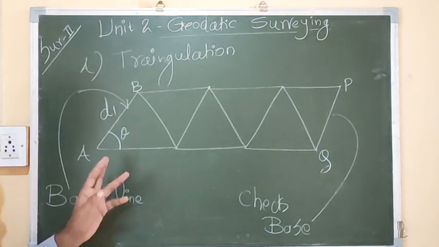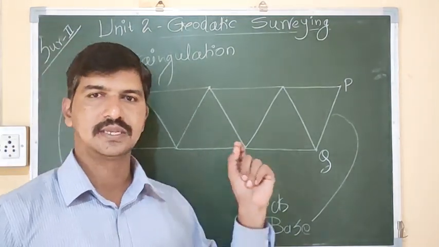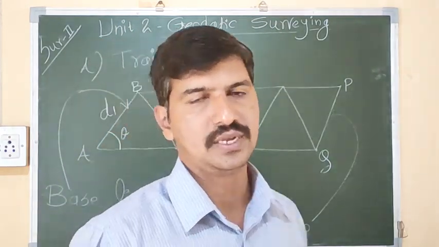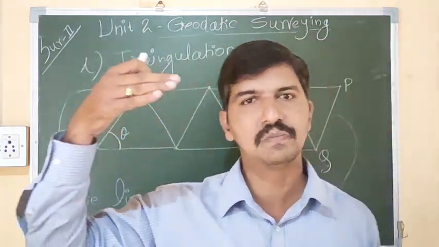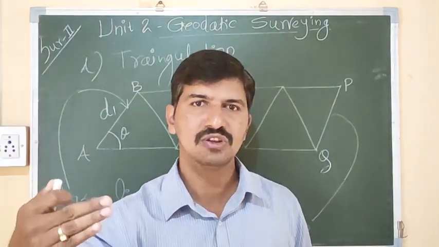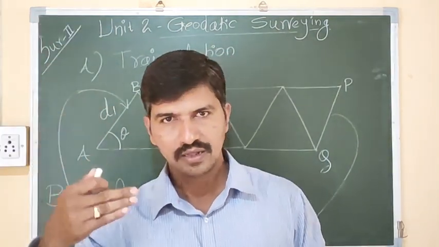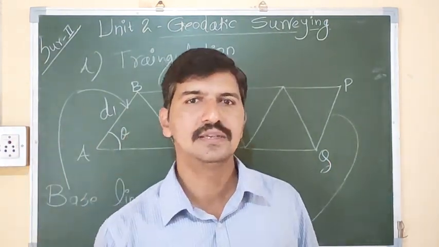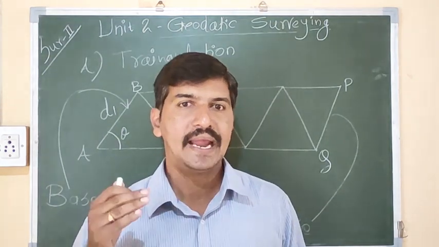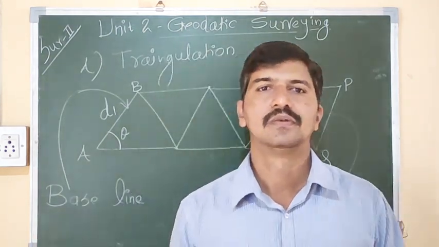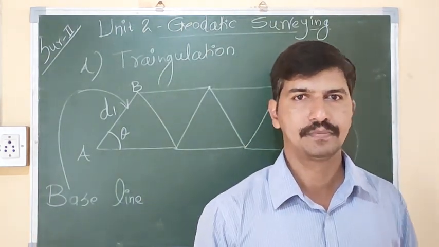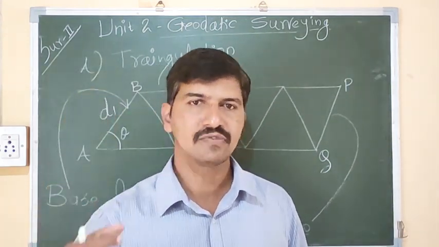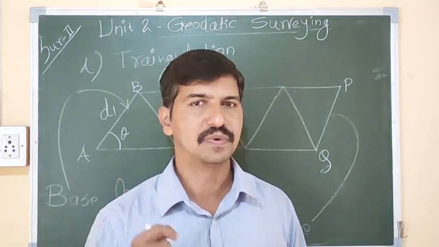What is this thing? In the contouring project, what we did was start from the benchmark. We took the first reading on the benchmark, took some change points and completed the whole area by using an auto or dumpy level. At the end, when we completed all the area by taking the observations of levels, we kept the staff again on the benchmark.